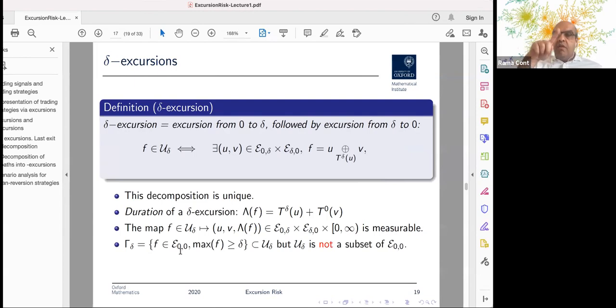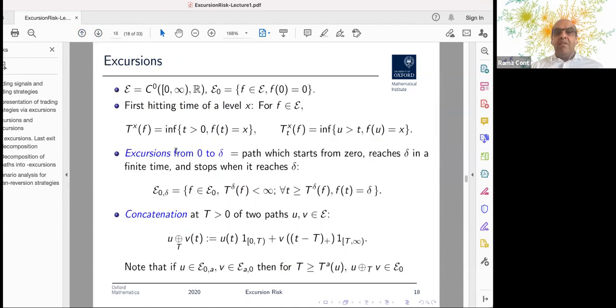You can reach zero infinitely many times, 10 times, whatever you want, until you reach delta. And then afterwards, you go back to zero once. But before you reach delta, you can go through zero many times. So that's allowed, and it's not going to be a subset of excursions from 0 to 0. Any questions about these definitions before we go on?